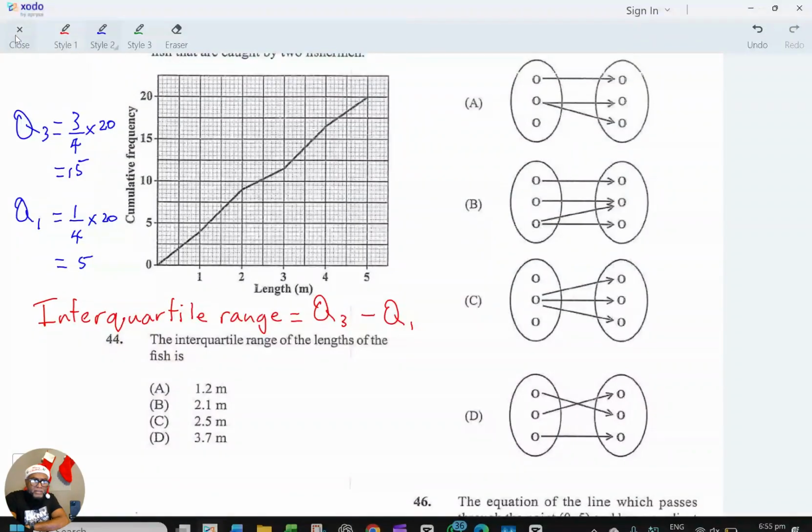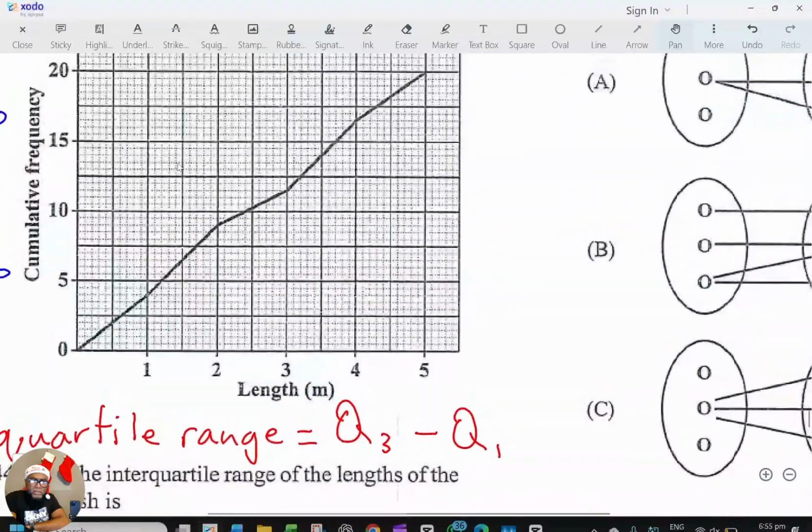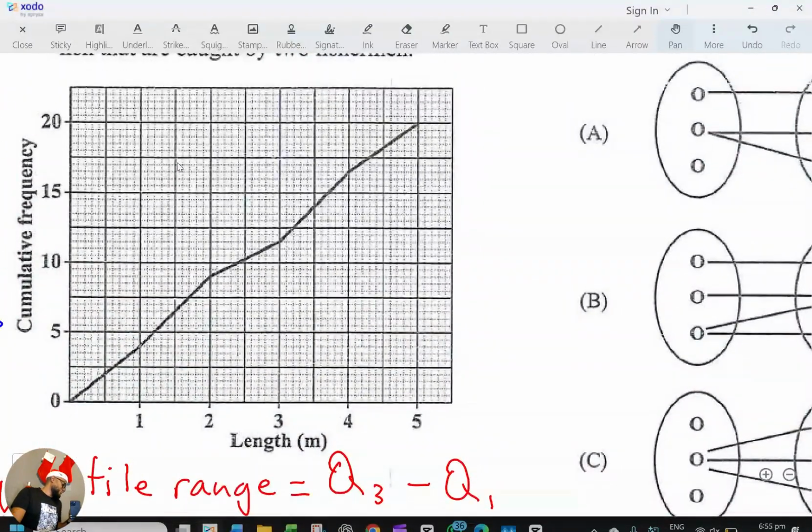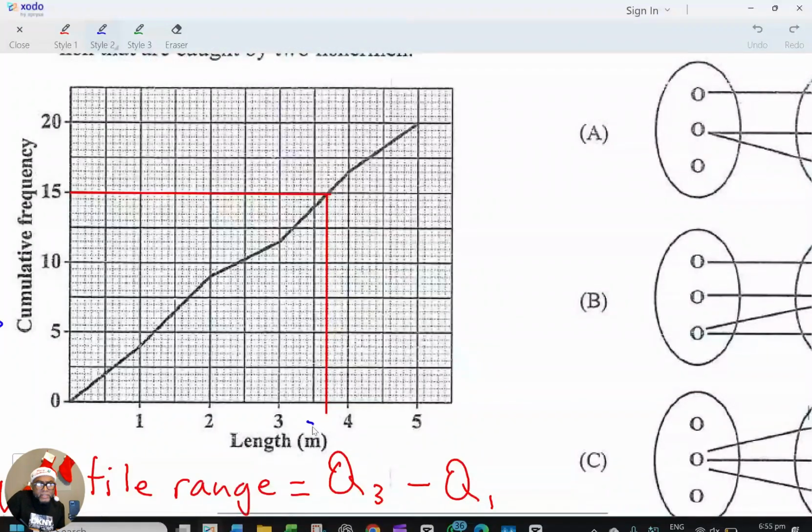I'm going to zoom in. All right, so watch it. We go in here, and what is it looking like? I would say it's 3.7.